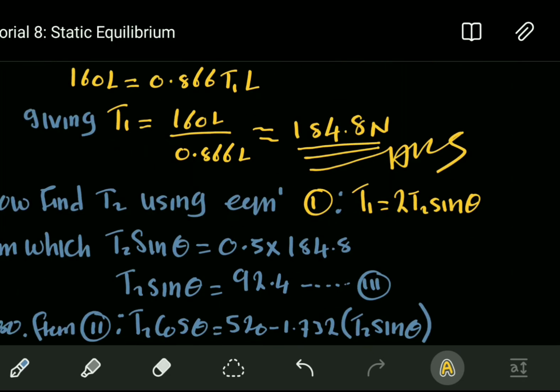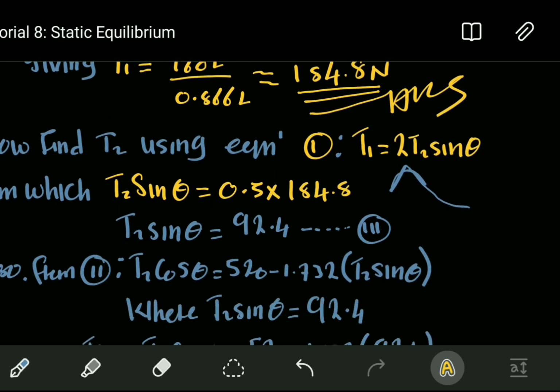So from this we can obtain an expression for T2 sine theta. The 2 divides with the T1, therefore we remain with T2 sine theta equals 0.5 times 184.8, and we obtain T2 sine theta as 92.4.